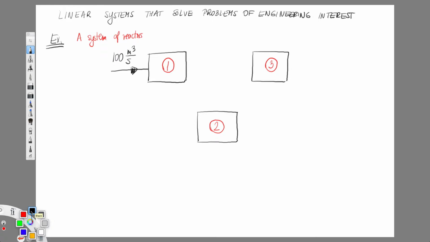And then I have this reactor 1 is actually outputting stuff to number 3. And that flux, I don't know what it is, but I'm going to call it Q13. And also to number 2. Again, I don't know this one either. I'm going to call it Q12. Now 2 is also communicating with both of these. And there is a line going from 2 to 3.